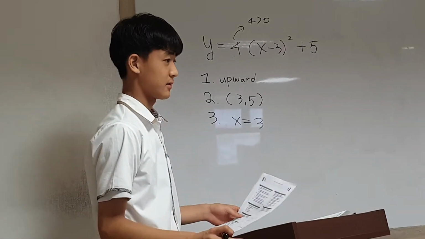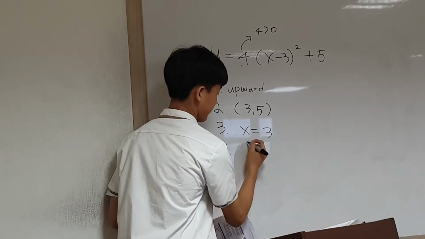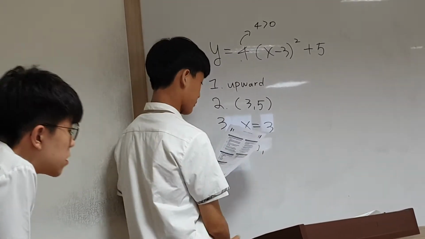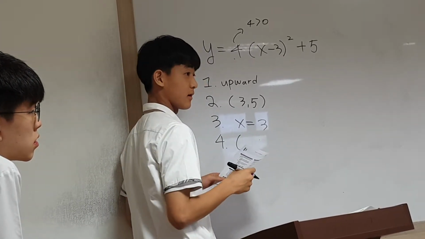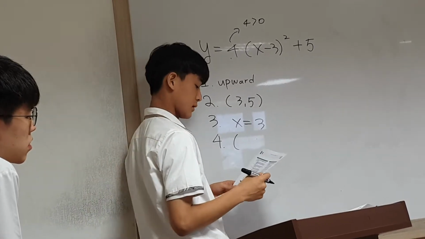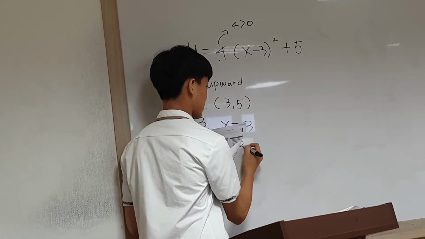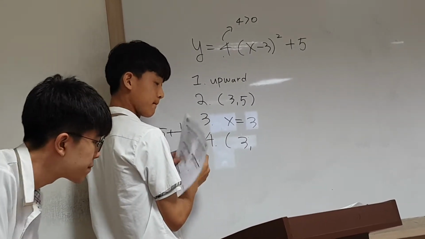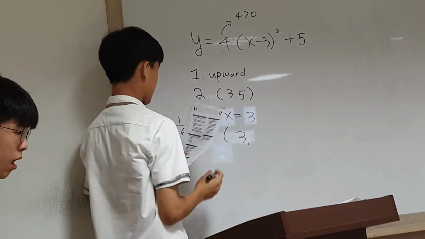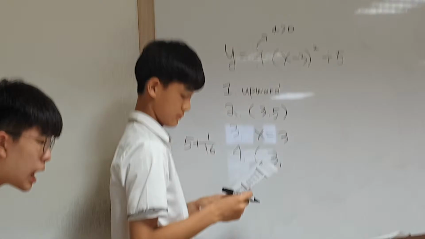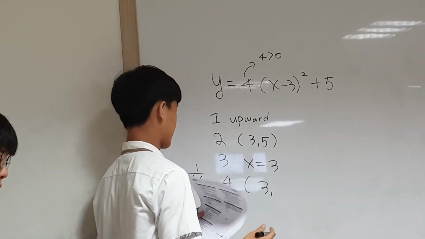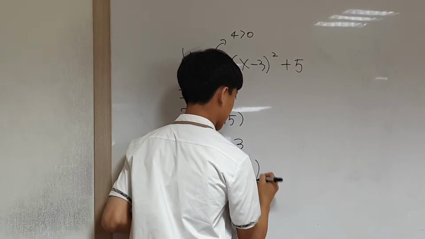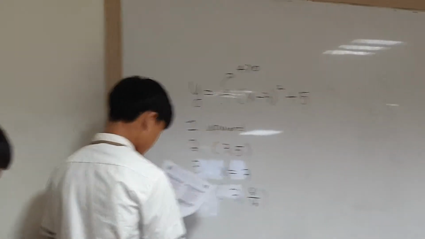The x coordinate first, always. It will be 3 comma 5 plus 1 over 16. So it's 5 plus 1 over 16, which is 81 over 16. So the focus is (3, 81 over 16).